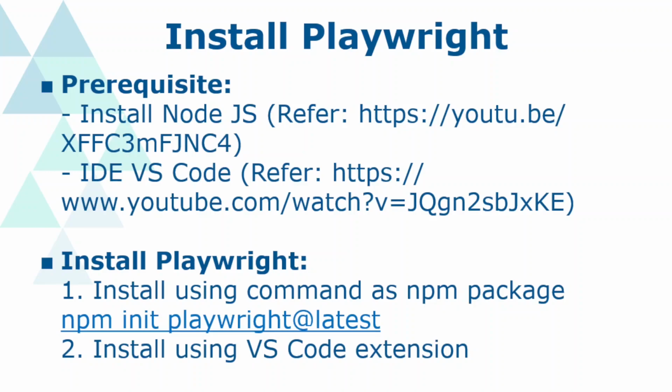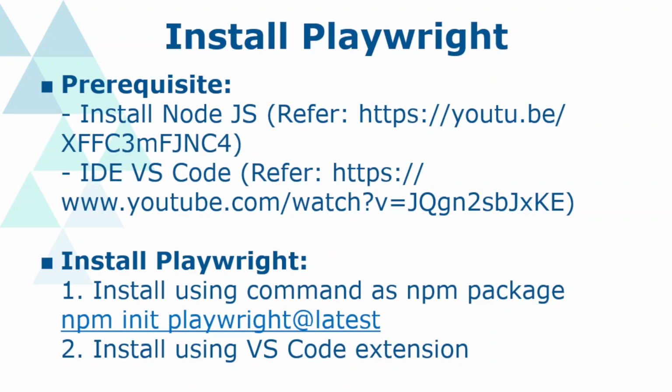One is installing Playwright in Visual Studio Code by using a command prompt, and then installing Playwright in Visual Studio Code by using VS Code extensions. So these 2 methods I'm going to teach you, and then once you install, what are all the components that are going to be installed in your VS Code.